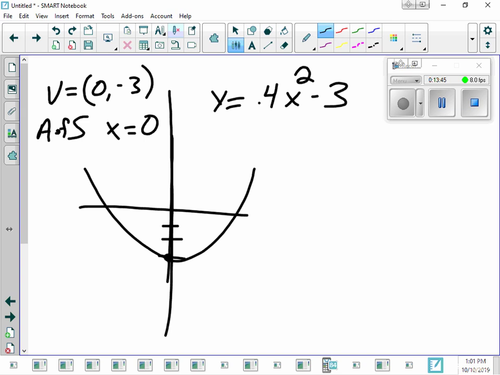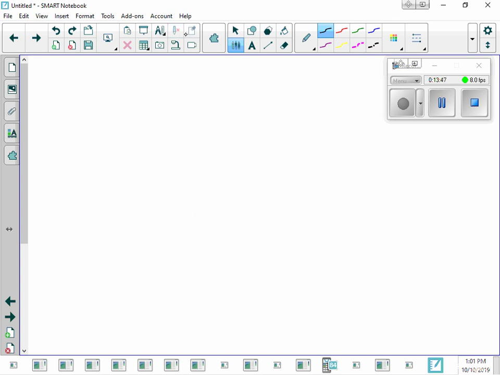Okay, a couple more. What do we do here? Left 4, 7 times longer, and upside down.